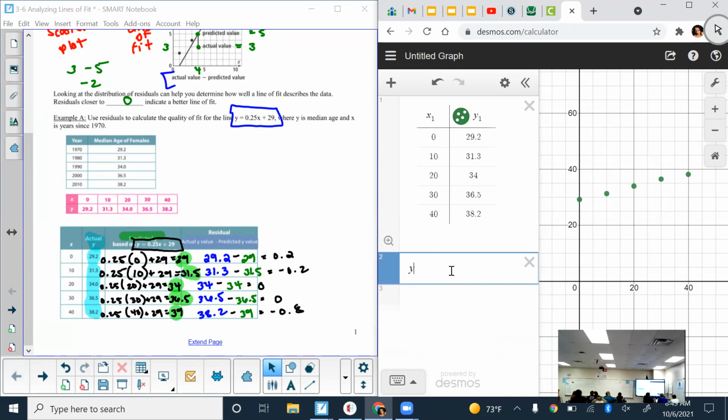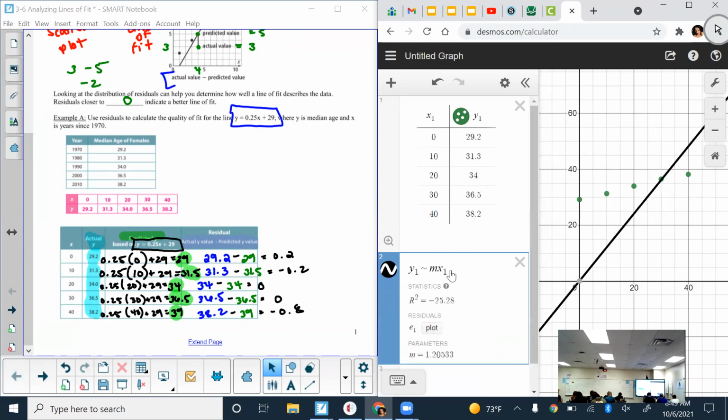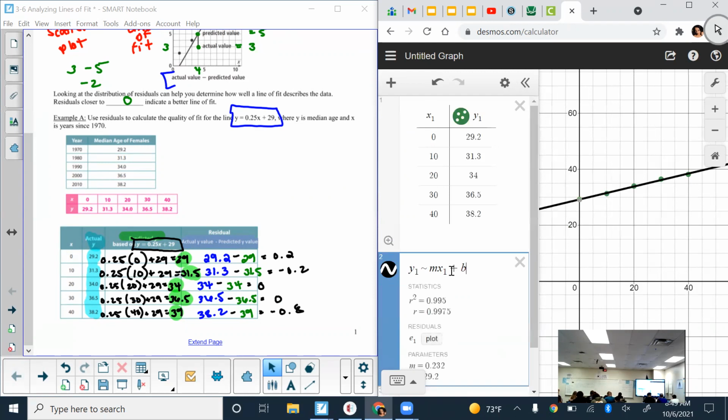So it's y1, squiggly line. It's above your tab button. That's what my computer is. Then mx1 plus b. All right, so maybe write down what I typed, and then you do the same thing.